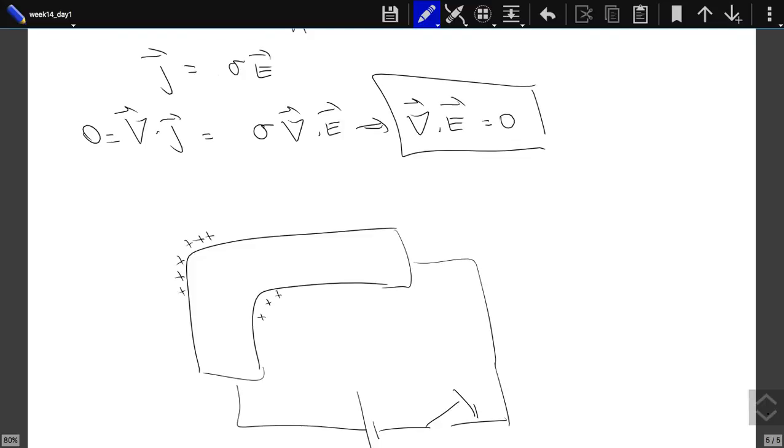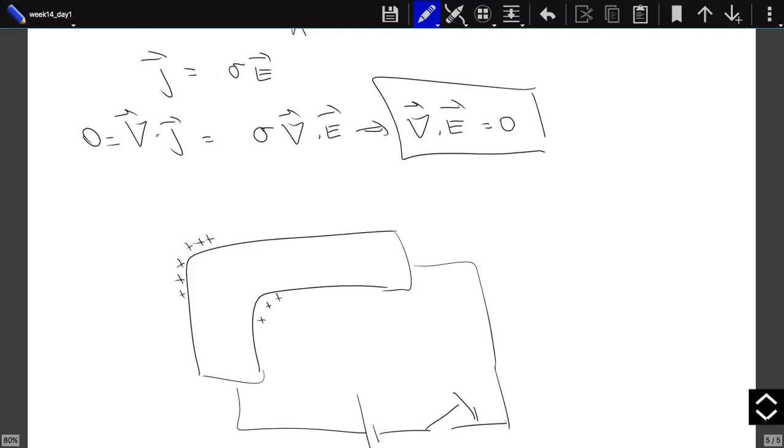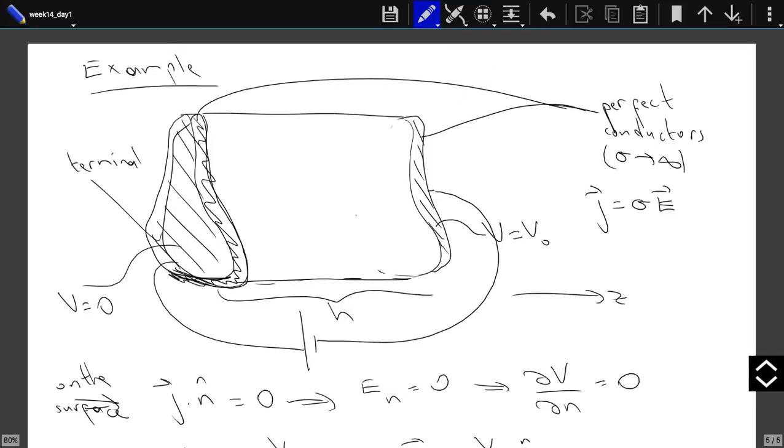In which sense? Well, there are some idealizations over there, assuming that the terminals are ideal conductors, perfect conductors. But usually the terminals are made from almost ideal conductors. So that's not such a bad approximation. Well, most wires will have a uniform cross-section. So that's also not a bad approximation.